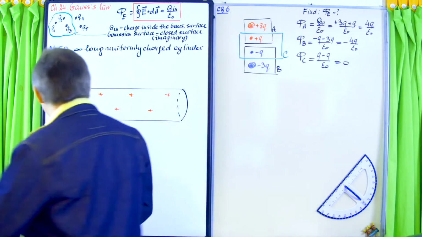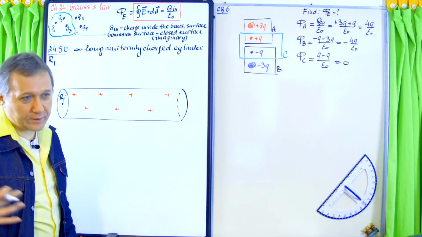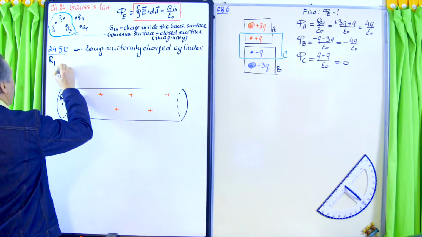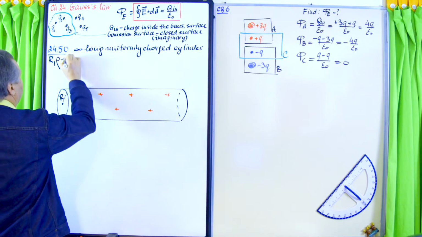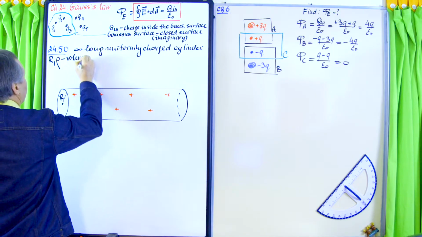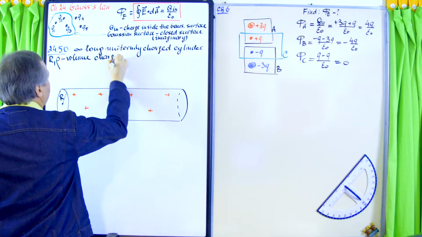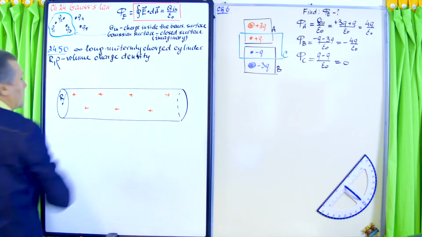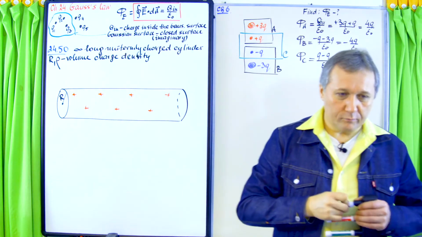But with a very good approximation, very often we can treat some object as an infinitely long, uniformly charged object. So, rho, the volume charge density. These two parameters are given: radius and rho.